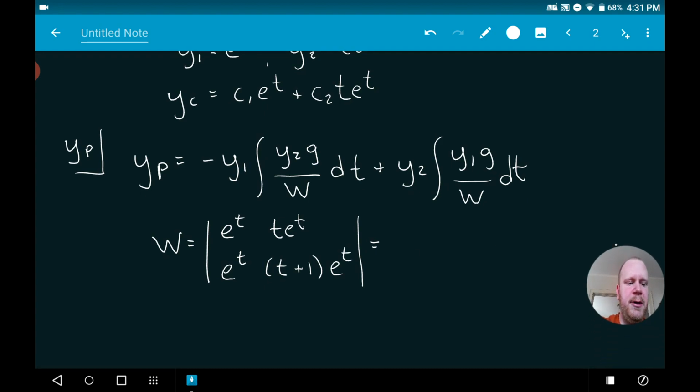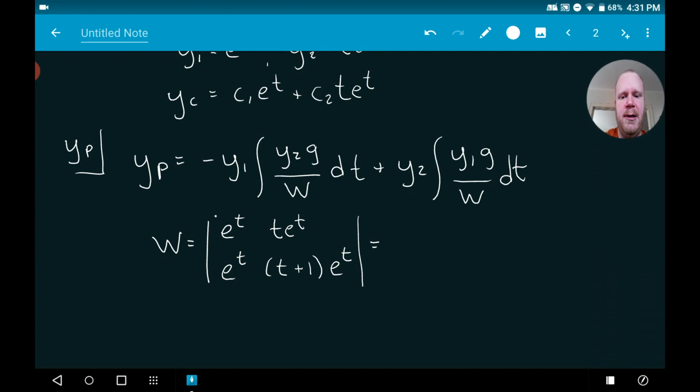What this equates to when we take the determinant is we've got t plus 1 times this piece here, which is e to the t times e to the t, so that's e to the, think about that, if that's t squared or 2t. All right, convince yourself that that's 2t.